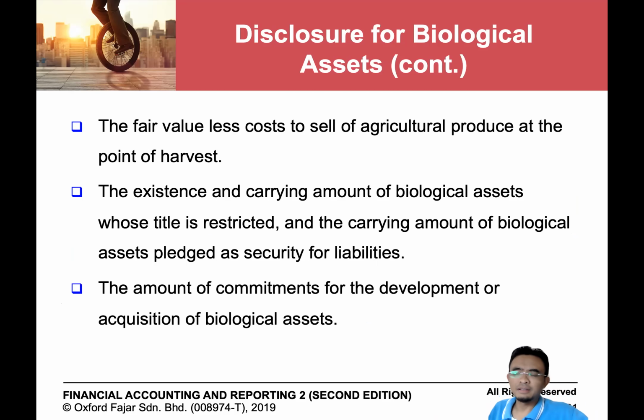Some of the biological asset, okay, just like other types of asset, it can become a collateral for a loan or whatsoever. Right? And the amount of commitments for the development or acquisition of biological assets.